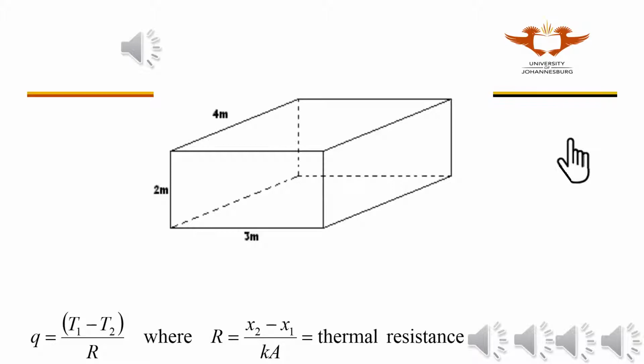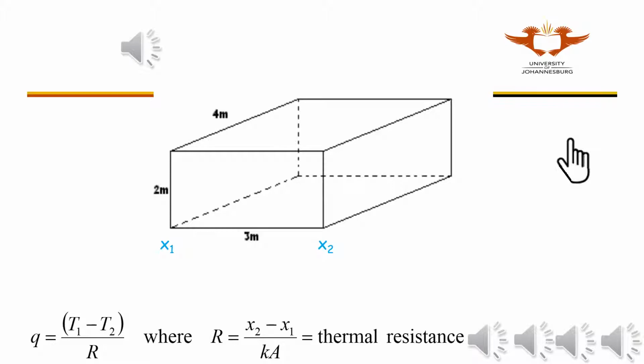Consider what happens to x2 minus x1 and the area A if the heat flows from the left. x1 and x2 are where the heat enters and exits the solid rectangular block, respectively.